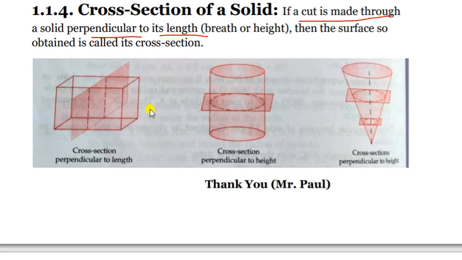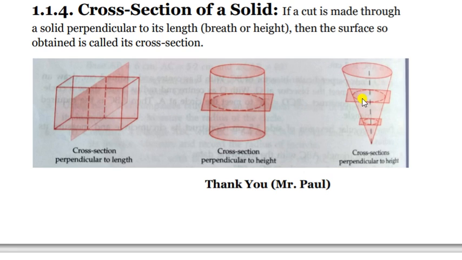For example, this is a cuboid. You will cut perpendicularly, then you will get this face. This is called the cross section of this diagram. Then for the cylinder, you will cut perpendicularly, exactly here. You will get a circular section. This circular section is called the cross section.